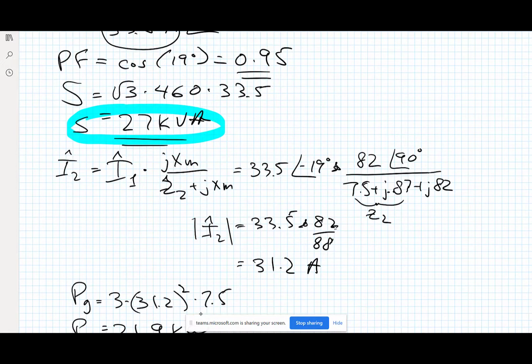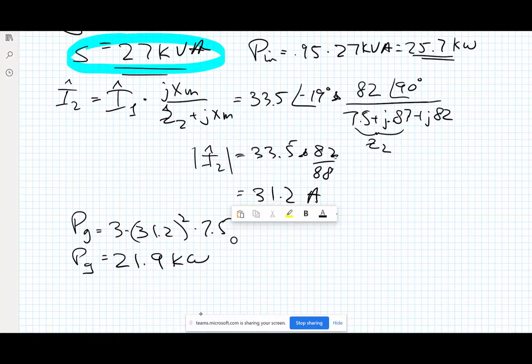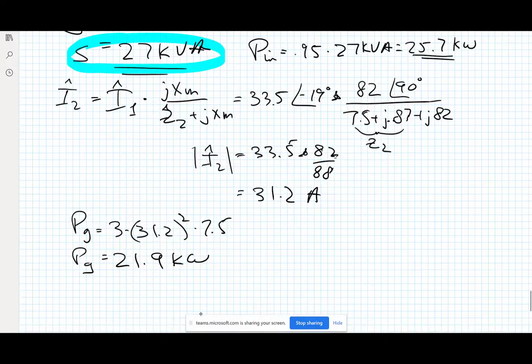I know the input power factor, so I could find the input power from the stator side. That would be 0.95 times 27 kVA, which is 25.7 kilowatts. So I'm dissipating about 5 kilowatts in the stator.